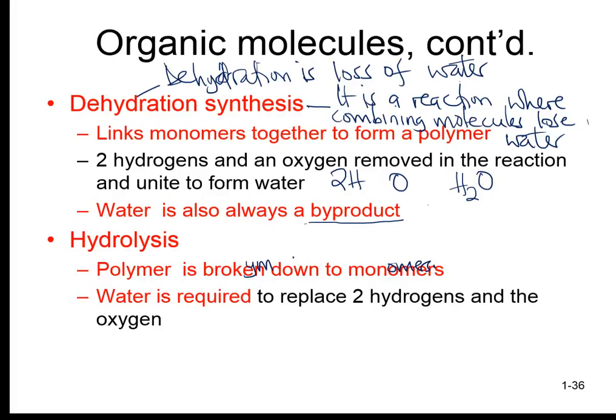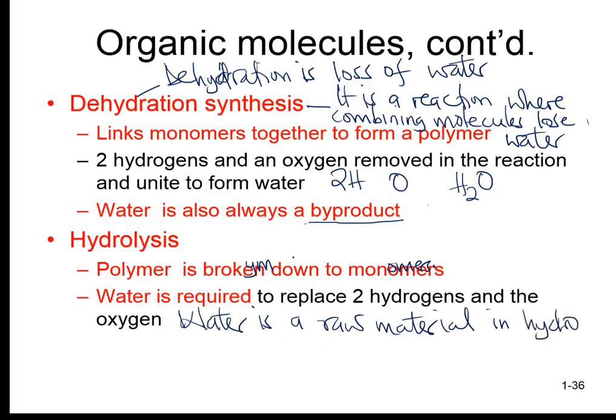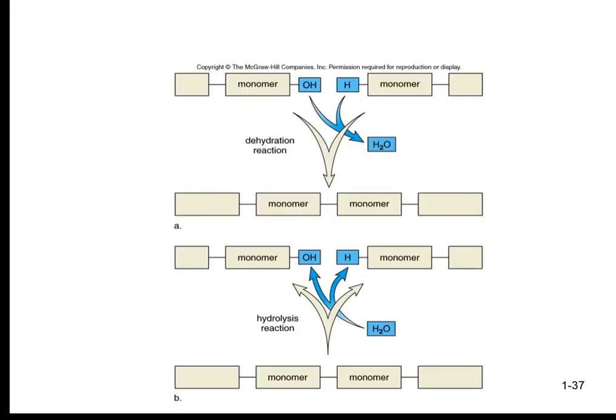So you need to add water to it. Now it's not a byproduct at all. It's a raw material. So water is a raw material in hydrolysis, because you need it.